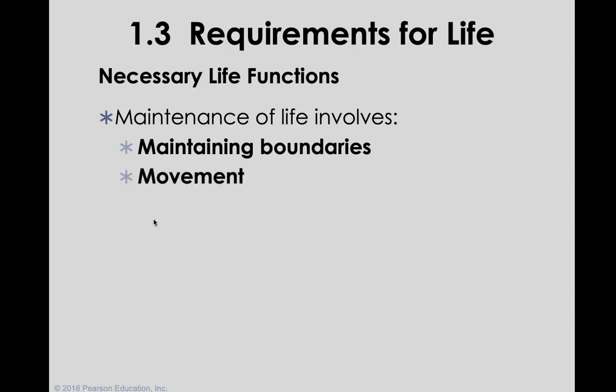Also movement. When we are talking about movement of the human body, of course, we have the muscular system that allows our movement, right? So we've got the skeletal muscles that will move bones and allow us to make these large macro movements. But we also have movements internally.